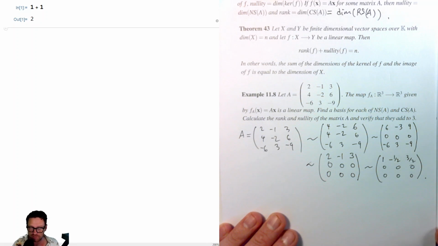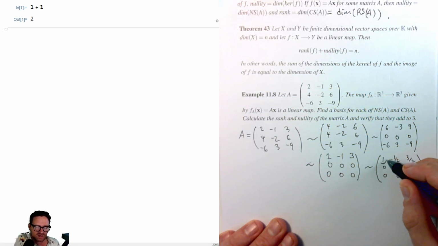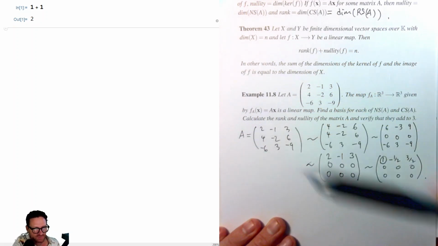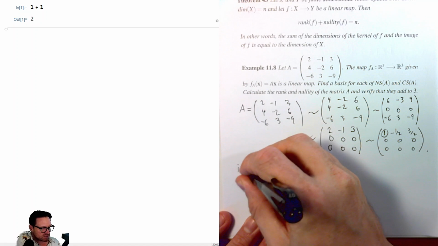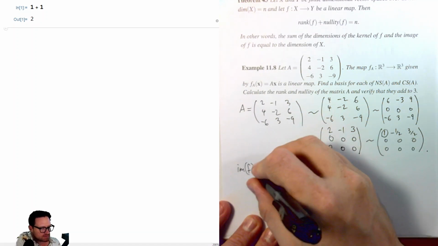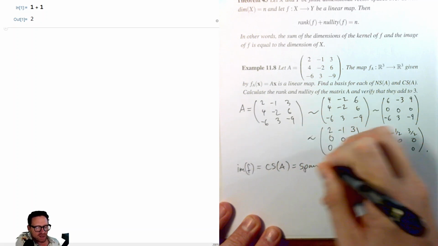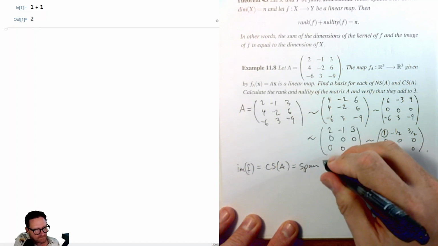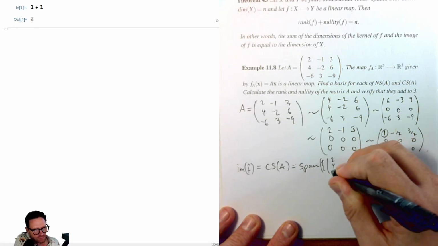All right, so now for the column space. We've got one pivot and it appears in the first column, and so we extract the first column of the matrix A. So the image of F is the column space of A, which is spanned by the first column of A: 2, 4, -6.